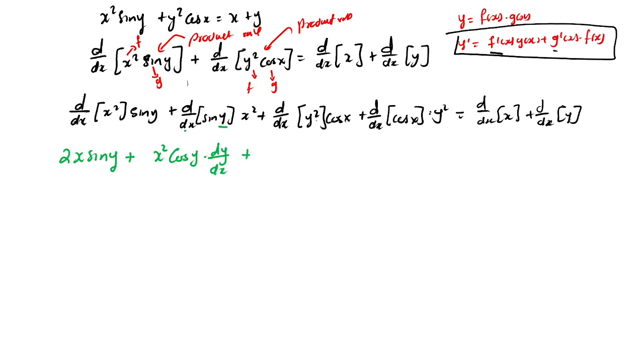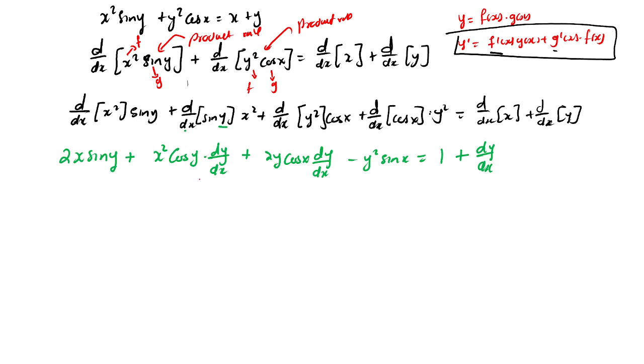Plus the derivative of y squared cos of x, so it's going to be 2y cos of x dy over dx, plus the derivative of cos of x, we know it is going to be negative y squared sine of x, which is equal to the derivative of x, which is 1, and then the derivative of y is going to be dy over dx, right?